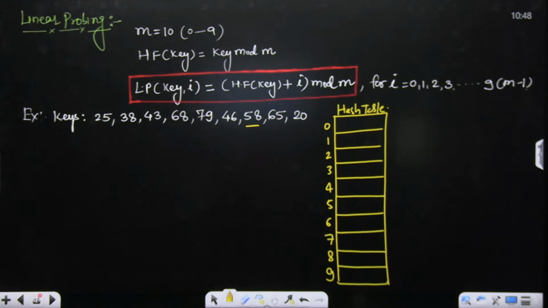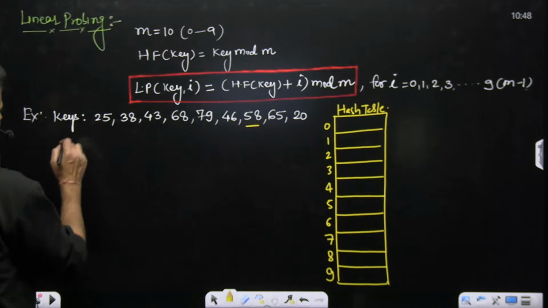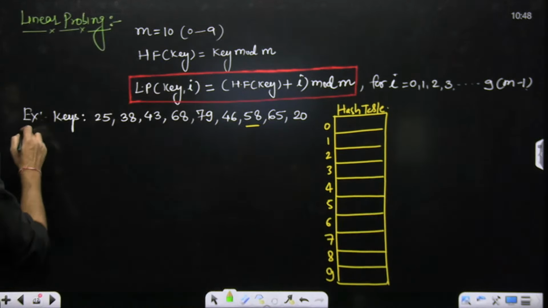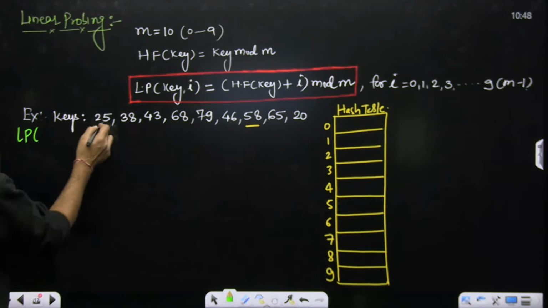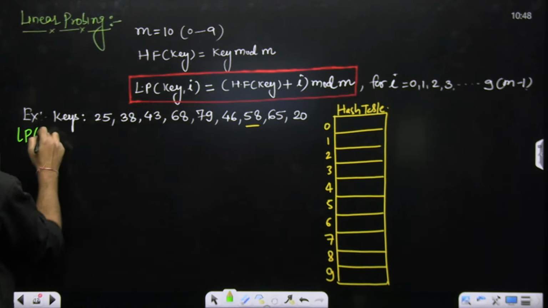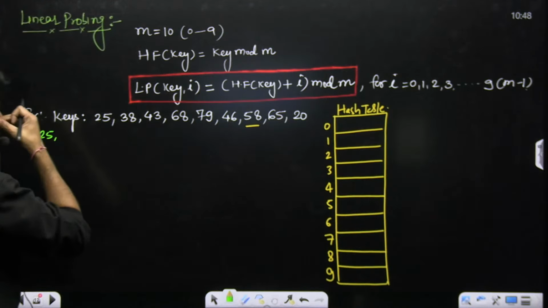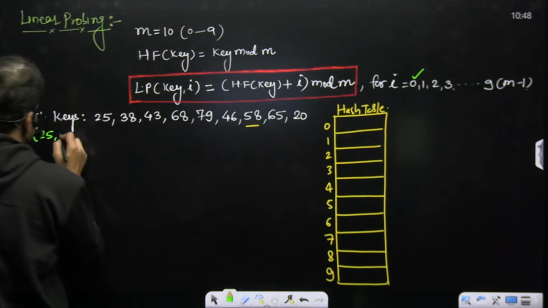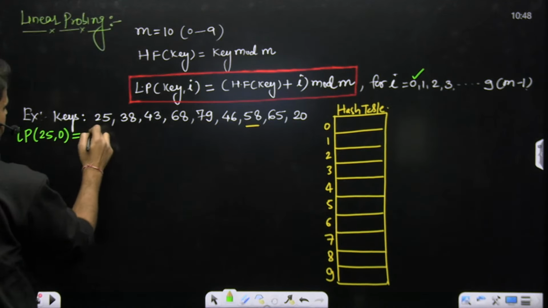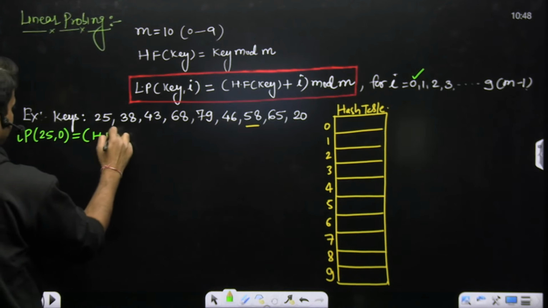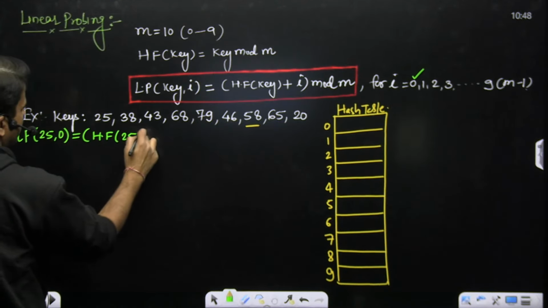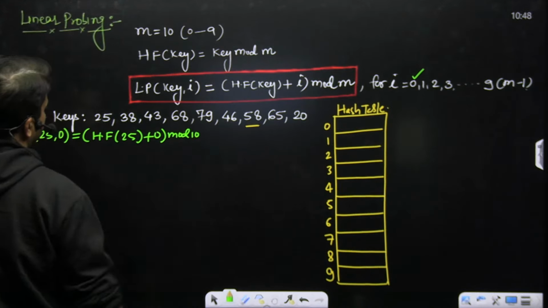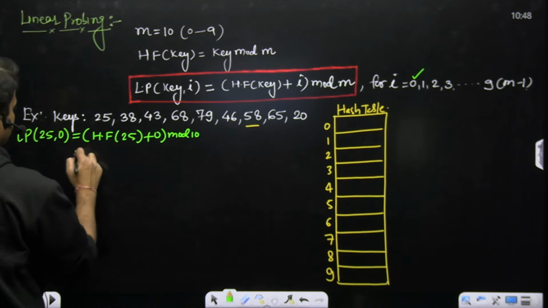Okay, so let's first discuss. I am applying linear probing for this 25. I am using this formula. Key is 25. Initially I is what, sir? Initially I is 0. So this is H of f key, 25 plus I is 0, mod of 10. So ये क्या प्रोड्यूस करेगा बच्चे?